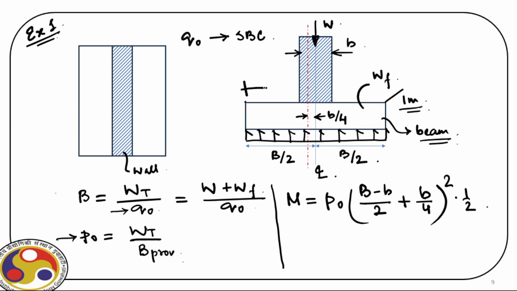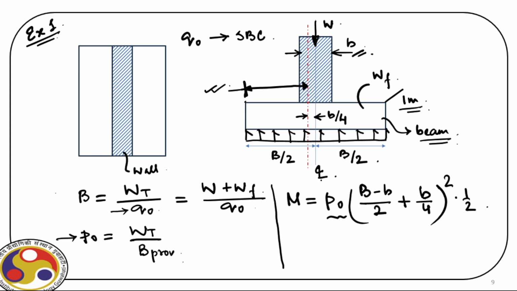So this is basically this distance. What we do is subtract small b from the capital B and divide by 2, that is the distance from the edge to the face of the wall, plus b by 4, that is the total length. So we get the total length and we know the UDL, which is P0, so we can quantify M.